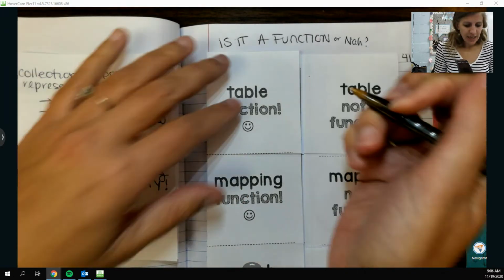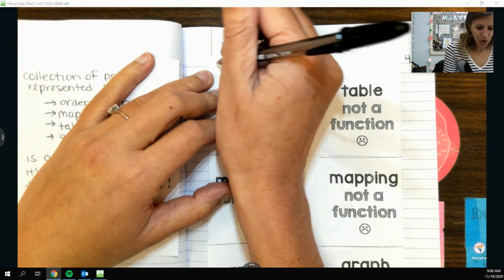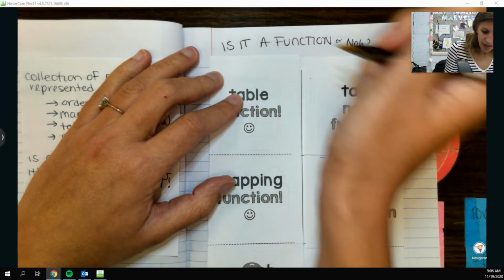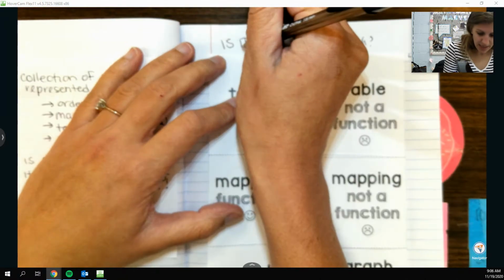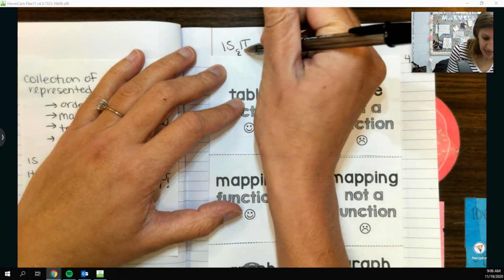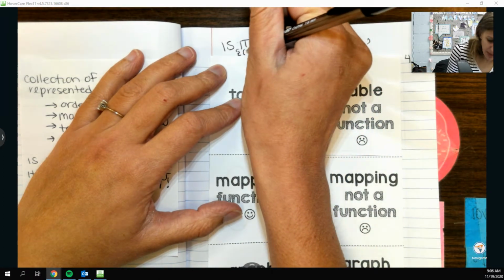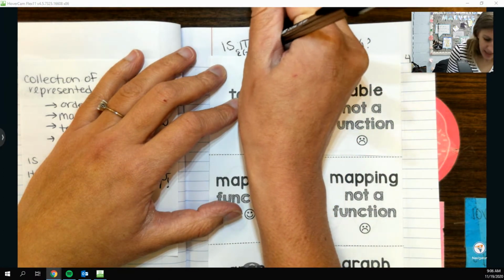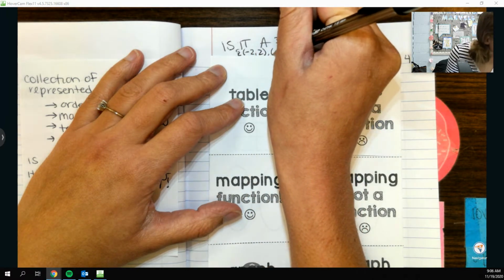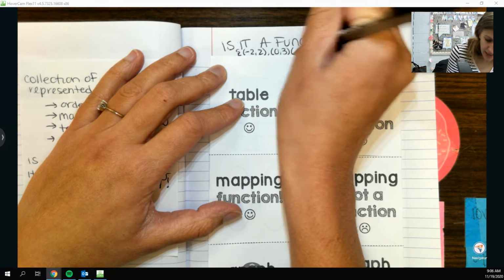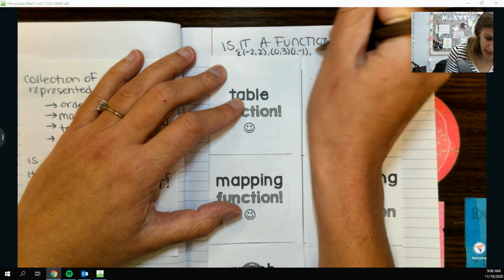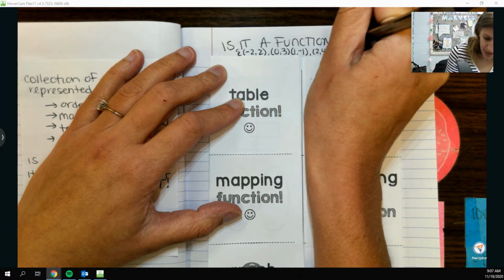So if I were to give you a set of ordered pairs, and we're going to use the same set every time. I wish I would have left a little more room at the top there. That's all right. We'll squeeze it in. So using our fun little curly brackets, maybe we have the points negative 2 comma 2, 0 comma 3, 1 comma negative 1, and 2 comma 4.